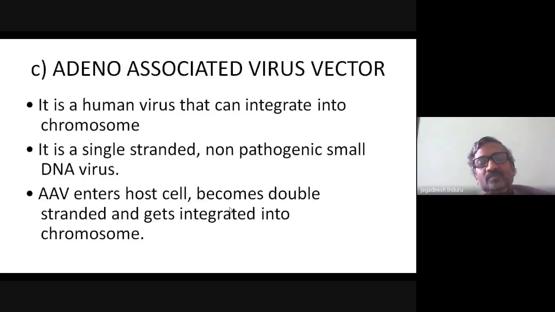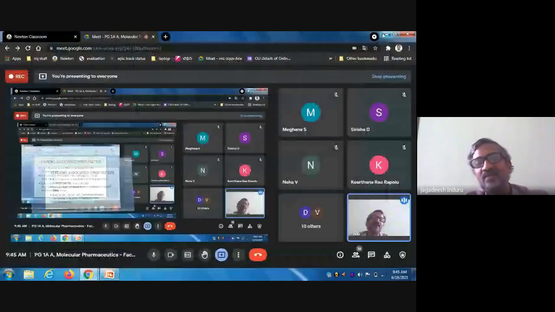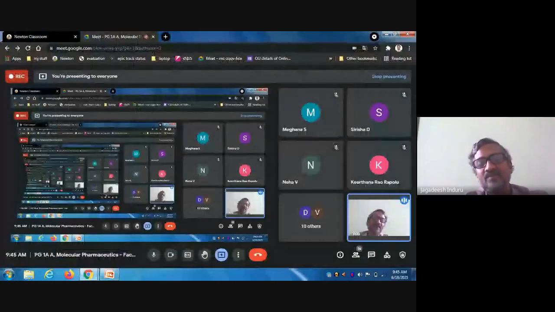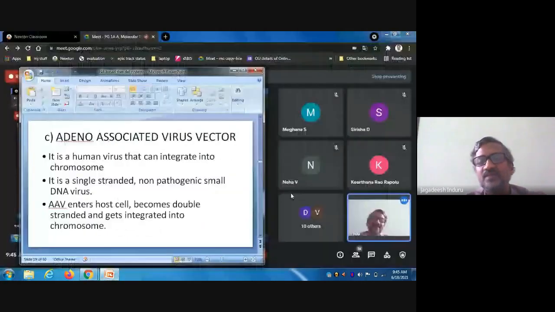So it is very good that we can alter the genetic material using this particular virus at the genetic level, in the germline. It means these viral vectors can be used for somatic as well as germline therapy, depending upon our purpose. Don't get confused; the same concepts are used for both types of therapies.